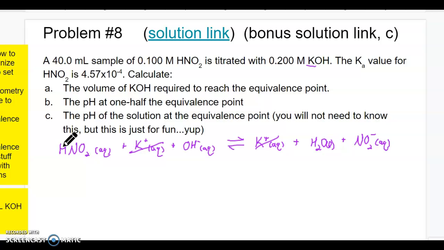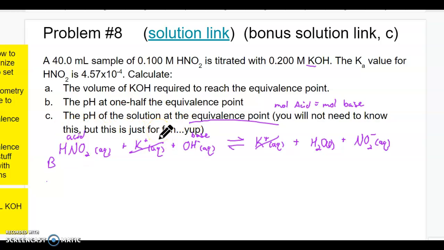I'm going to go through the whole thing with the stoich, even though we kind of talked through it, because we are at the equivalence point. There is that thing that the moles of your acid equals the moles of your base. But we're talking about this is the acid and this is the base that we're mixing, and we're not talking about conjugates right now. This acid, this base, the moles are equal.